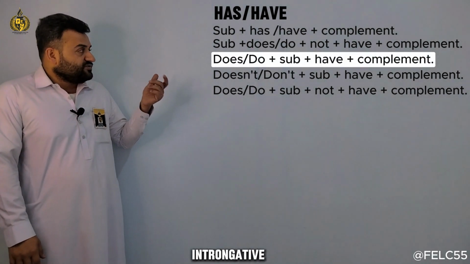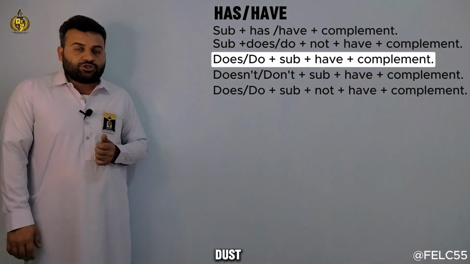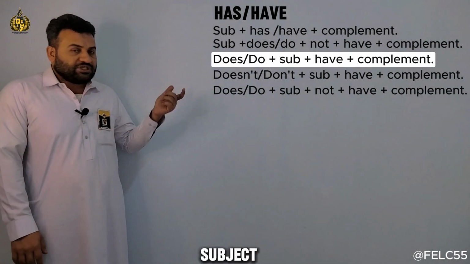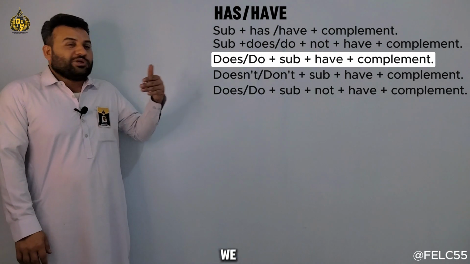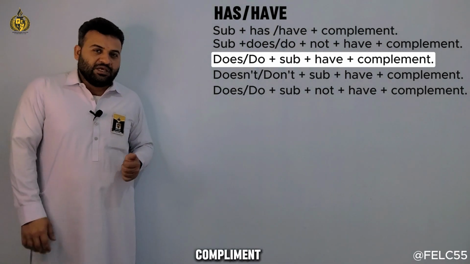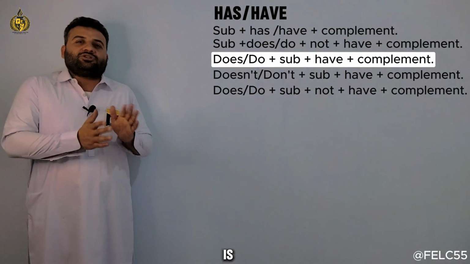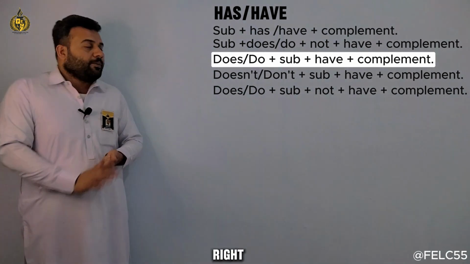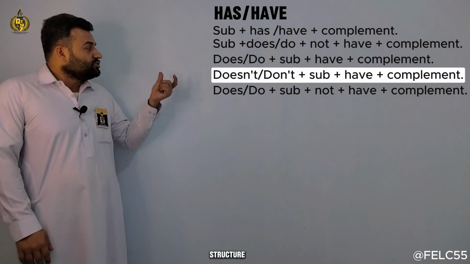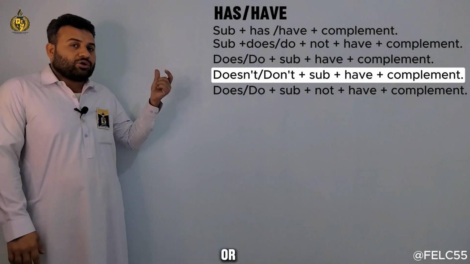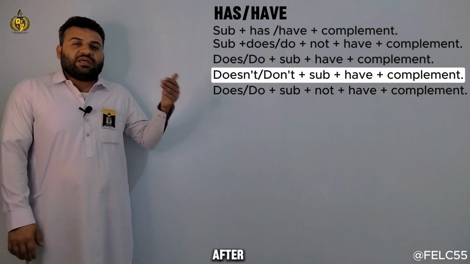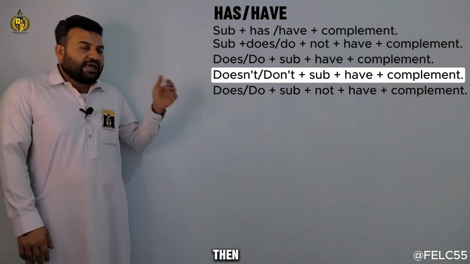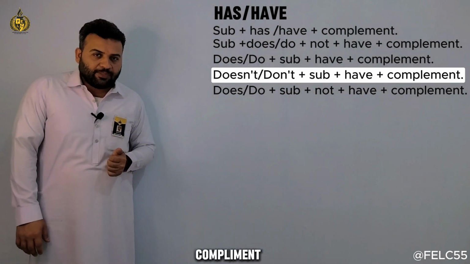Come to the interrogative structure. First we have to use does, do, then we have to use subject, then again we will use have, and then complement. It means that again there is does, do, so we need to use have instead of using has, right? Then in the American structure, first again doesn't or don't, right? After that we will use subject, then have, and then complement.